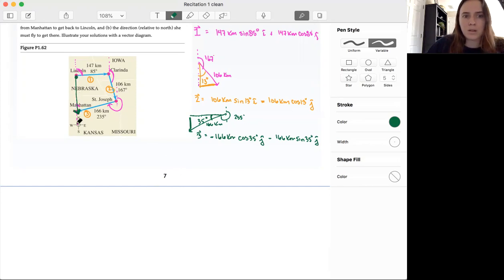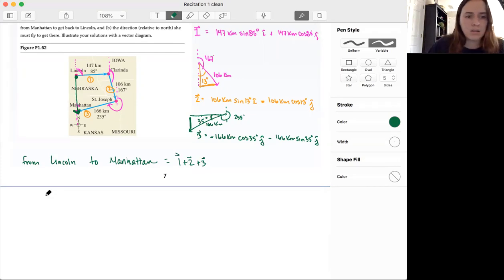So where did we start to where did we end? So let's say from Lincoln to Manhattan is 1 plus 2 plus 3.